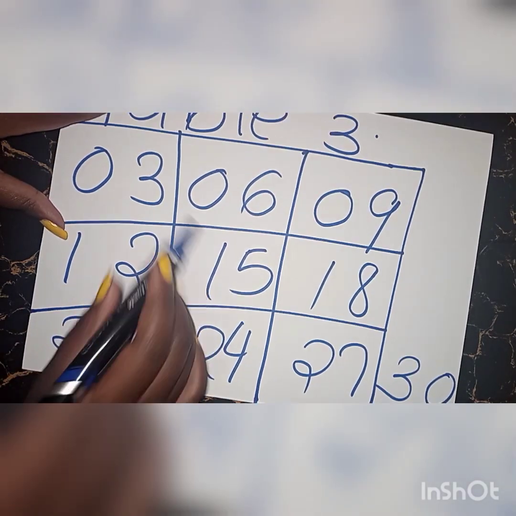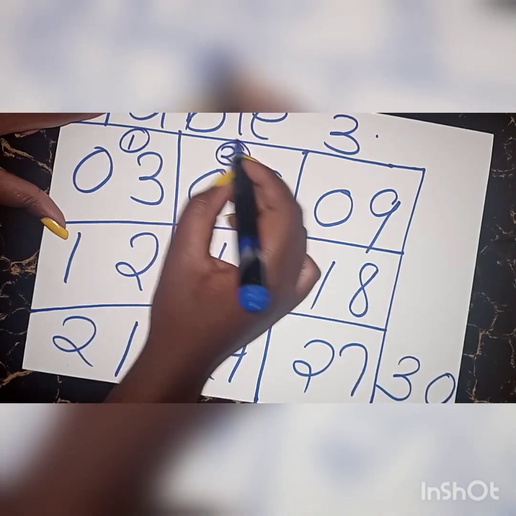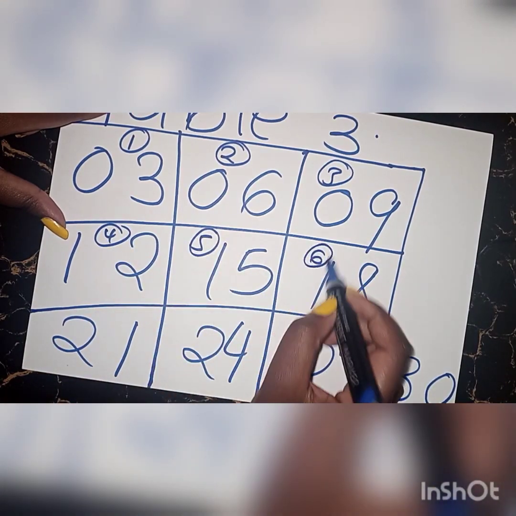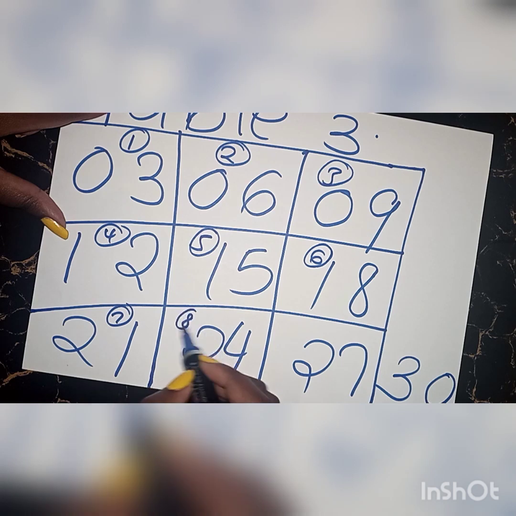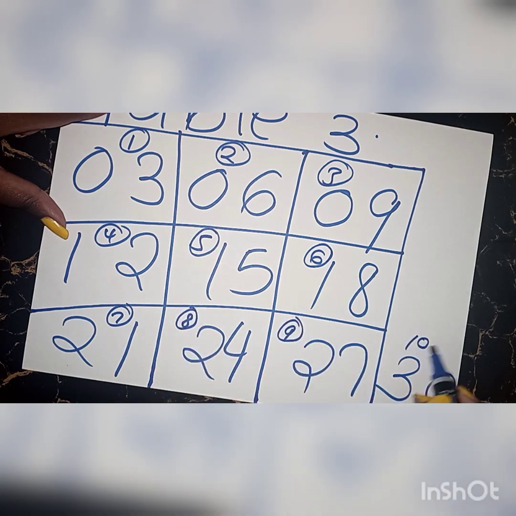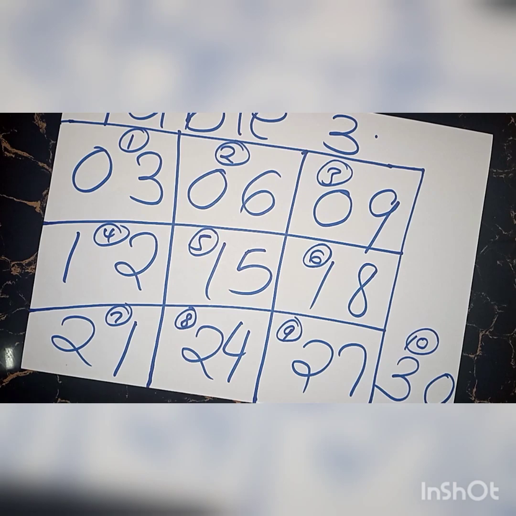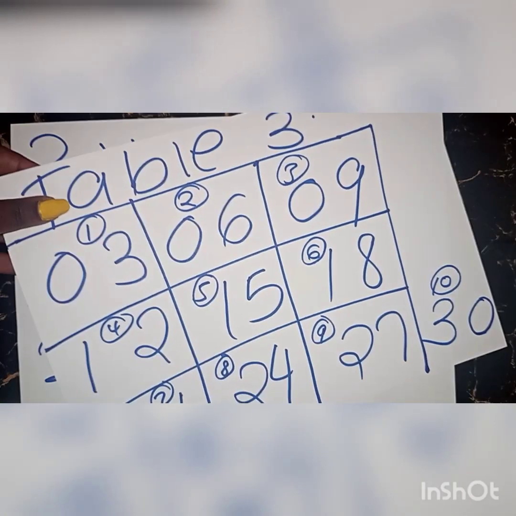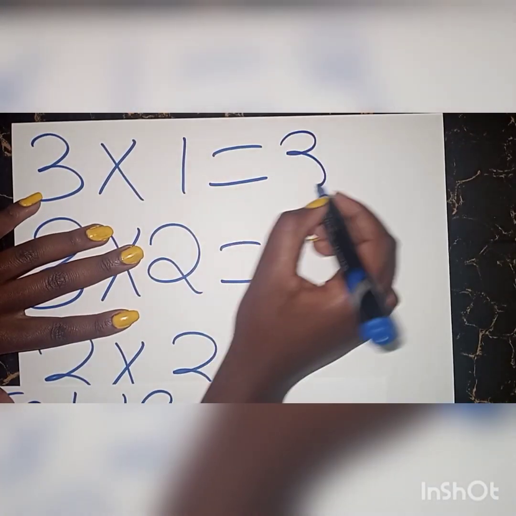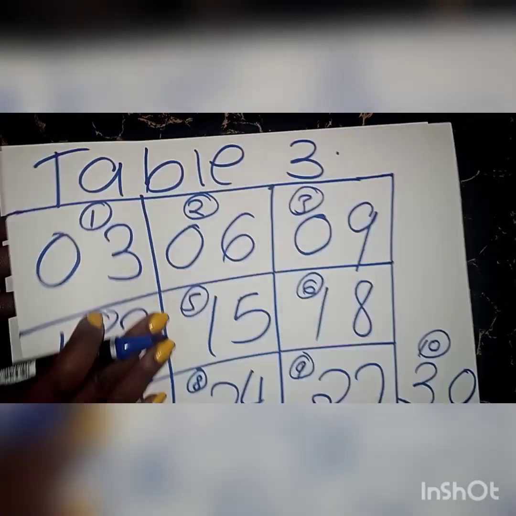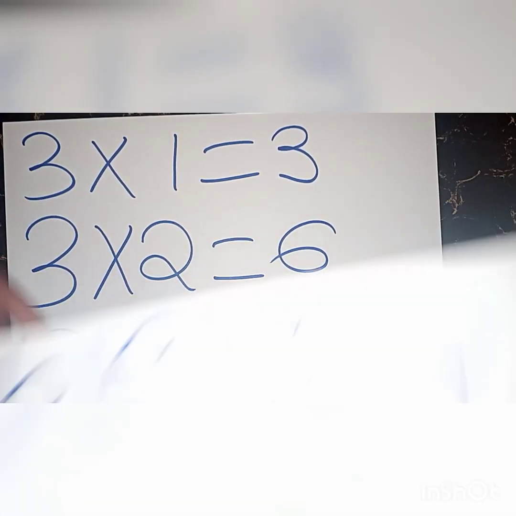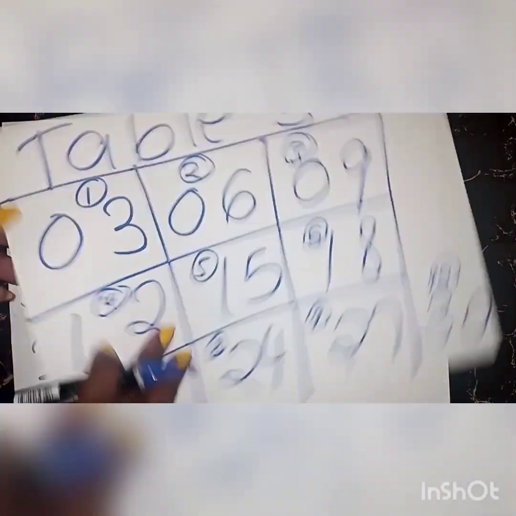This is 3 times 1, 3 times 2, 3 times 3, 3 times 4, 3 times 5, 3 times 6, 3 times 7, 3 times 8, 3 times 9 and 3 times 10. All right. So 3 times 1 is 3. 3 times 2 is 6. 3 times 3 is 9.